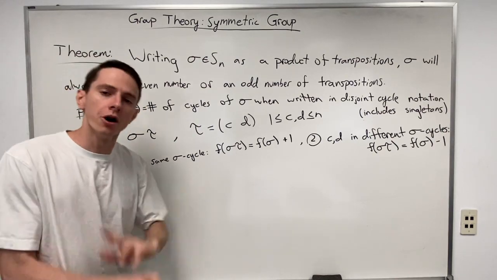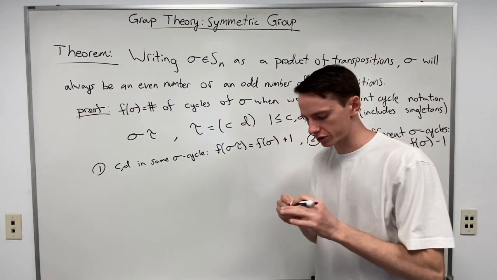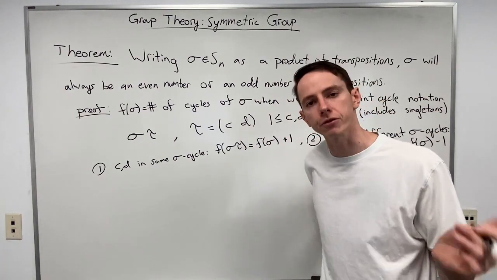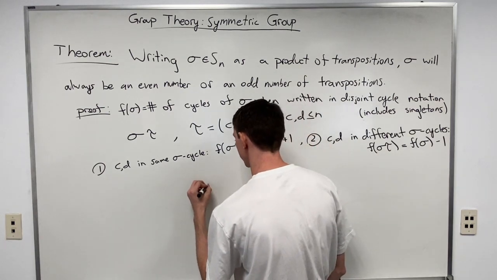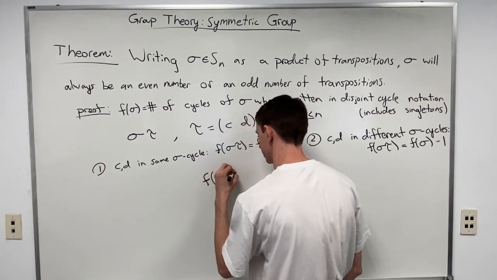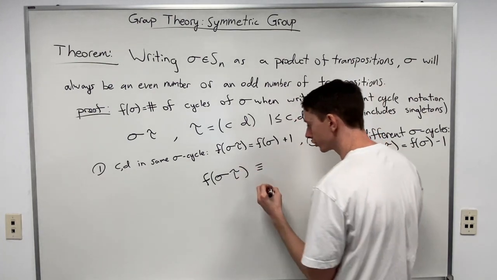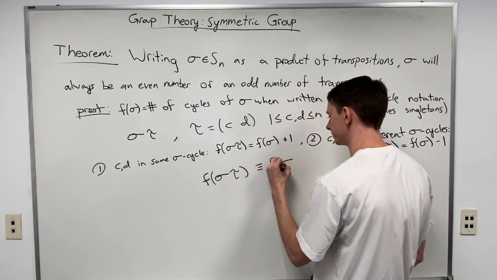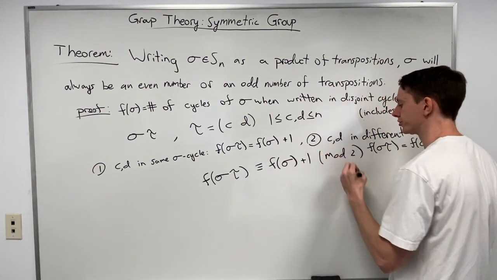Okay. Another way of writing this, and hopefully this will look familiar if we've worked with introductory number theory, specifically modular arithmetic, is that in general, f of sigma tau is going to be congruent to f of sigma plus 1 mod 2.